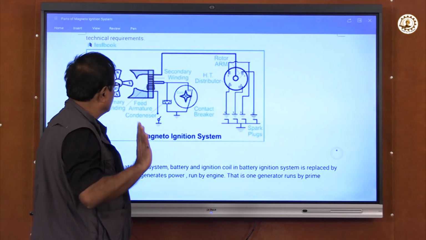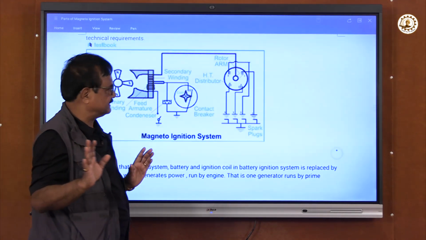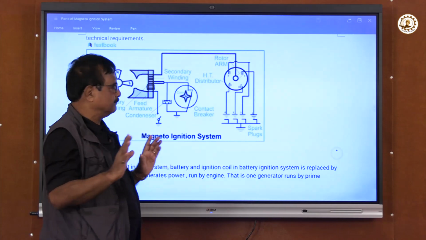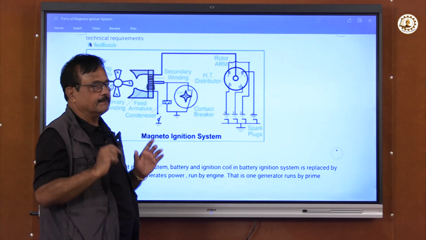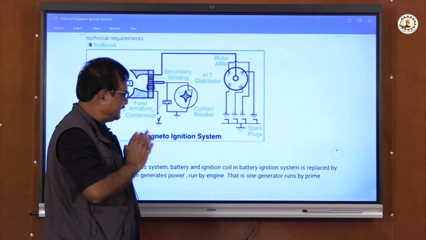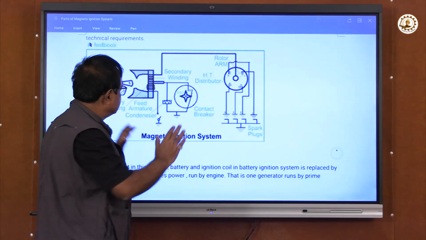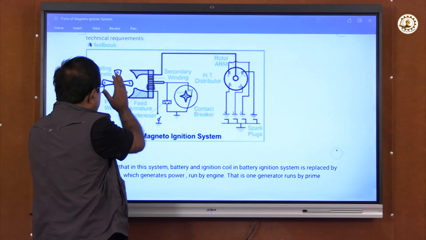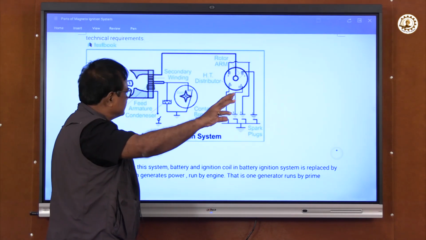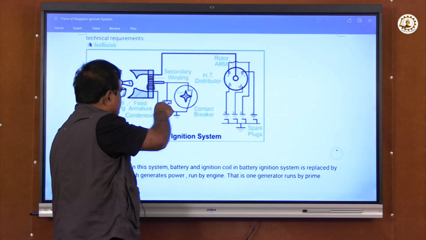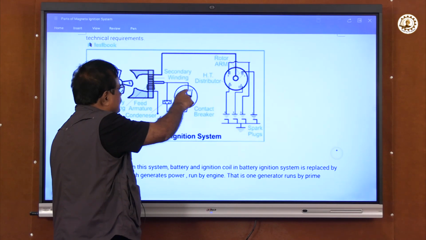So now, the gist: we will understand what the magneto ignition system is and what the battery ignition system is. In the battery ignition system, the battery and ignition coil were there; that is replaced by this magneto system with a spinning magnet and coil, and the cutout was also there. In the battery ignition, here is also a cutout. Same thing, the condenser is there so that it does not come to the contact point of the primary circuit.